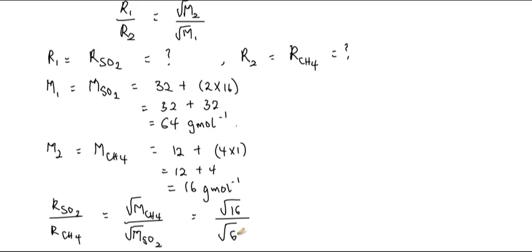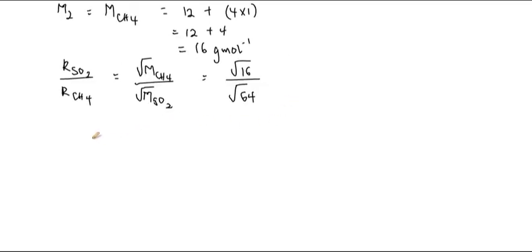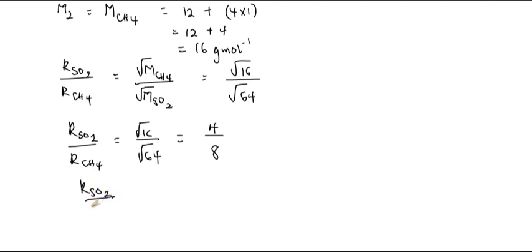So RSO2 over RCH4 is equal to square root of 16 over square root of 64. Square root of 16 is 4 and square root of 64 is 8. So I have RSO2 over RCH4 equal to 4 over 8. Simplifying this further, that is 1 over 2.